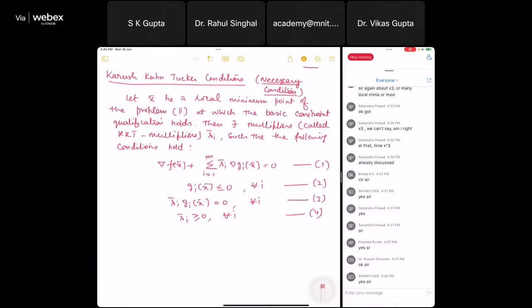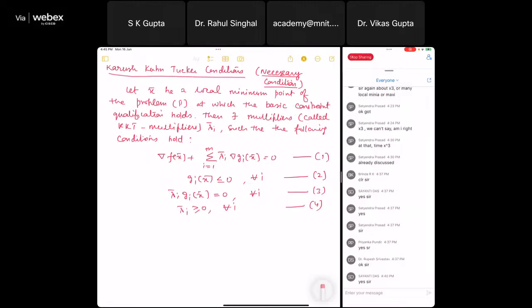You might be observing that this is very complicated, but it is not actually. Let us try to see quickly. If you see this constraint, this is a feasibility condition. Of course, the point must be feasible, right? This point x bar must be feasible, then only we can talk about minima or maxima. For feasibility, it must satisfy all the constraints.